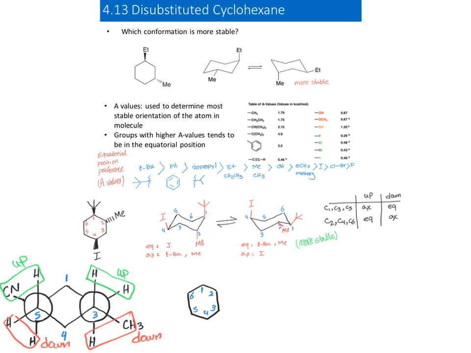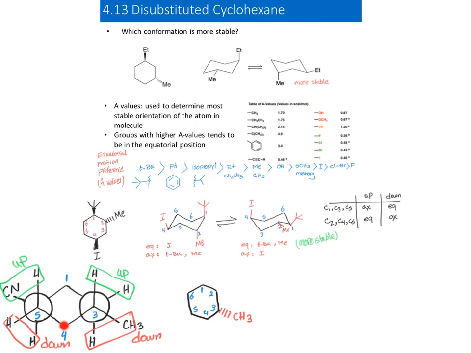4, 5, and 6. Now to carbon 1, we have hydrogens attached, so we don't show them. To carbon 2, which is the back of carbon 3, we have also hydrogen and hydrogen attached, so we don't show hydrogens. To carbon 3, we have hydrogen and methyl attached. That methyl is pointed downward, so we need to draw it as a dash connected to carbon number 3.